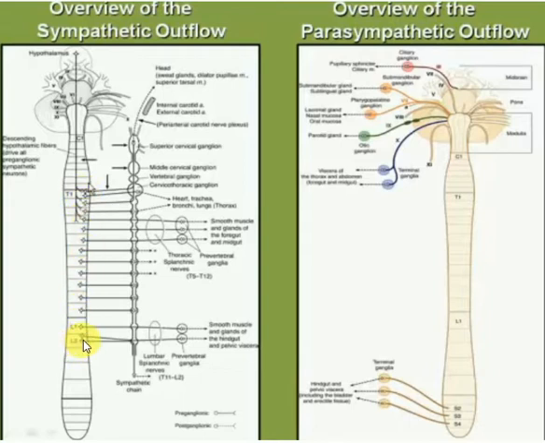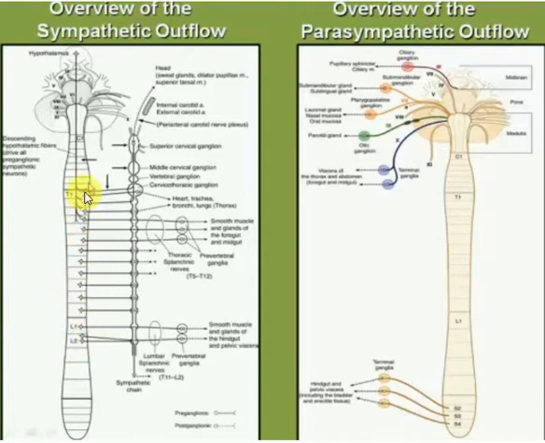All the preganglionic fibers in the sympathetic system arise from the spinal cord, and they are present from T1 to L2 levels. You can see all the cell bodies are present over here.